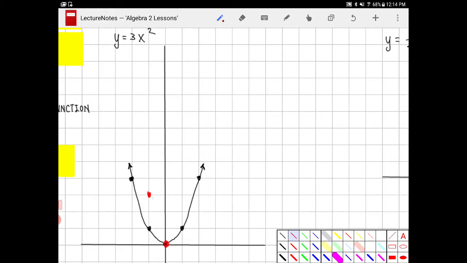So here I have 3, and then the next one is 4, 5, 6, 7, 8, 9, 10, 11, 12. It ends up here. So all the y coordinates end up looking like this.